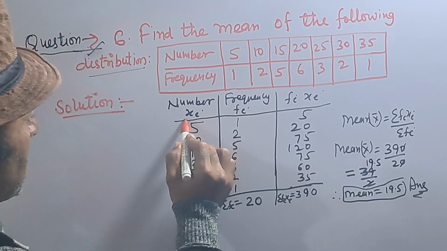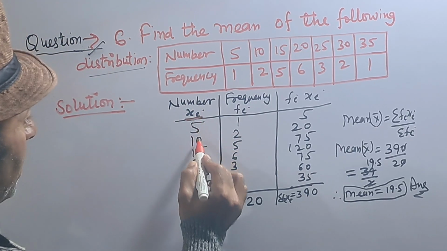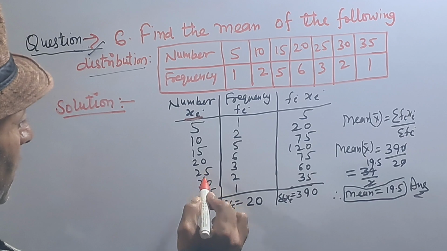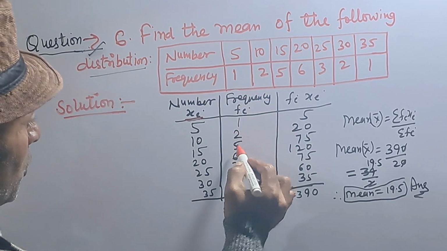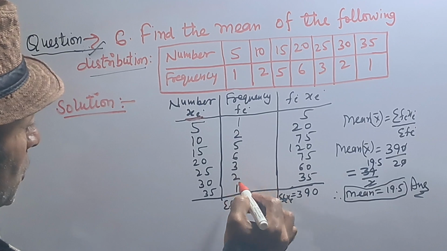Given number, that is xi equal to 5, 10, 15, 20, 25, 30, 35 and frequencies 1, 2, 5, 6, 3, 2, 1.